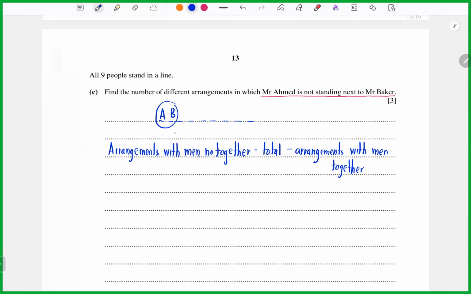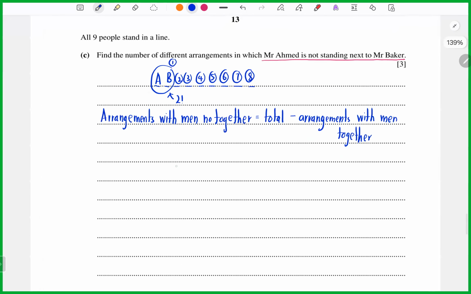So you can take 2 factorial. And then you see how many positions: 1, 2, 3, 4, 5, 6, 7, 8. So you can take 9 factorial minus 8 factorial multiplied by 2 factorial. So you will get the answer 228,214. So that is your answer.